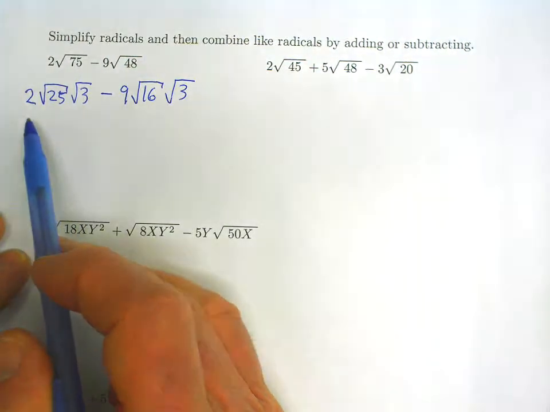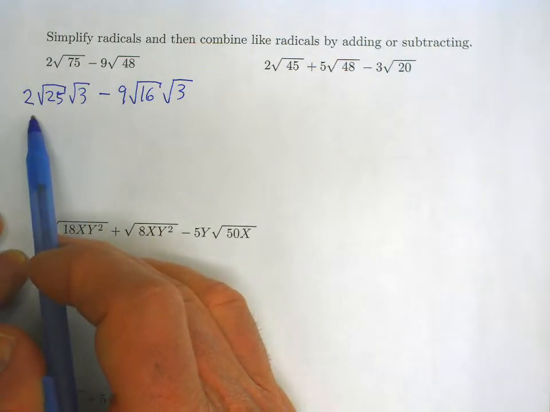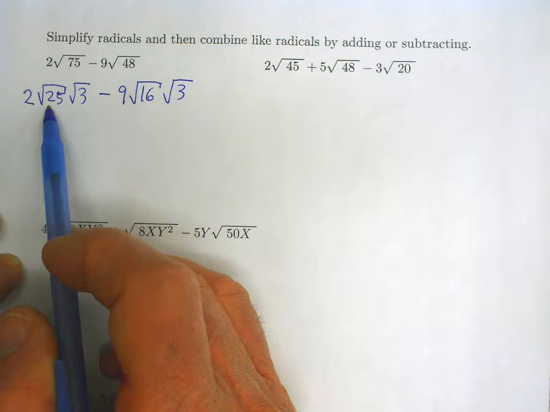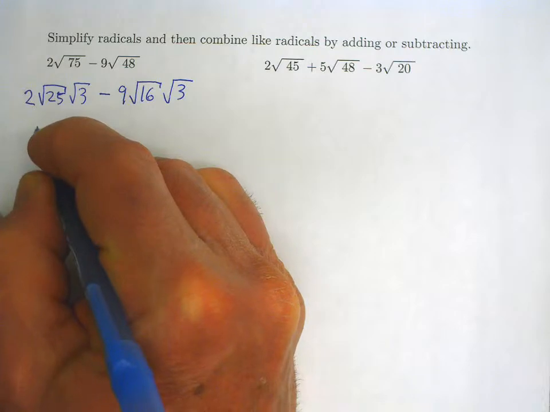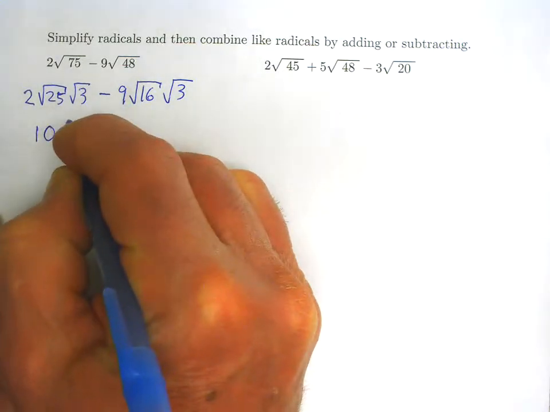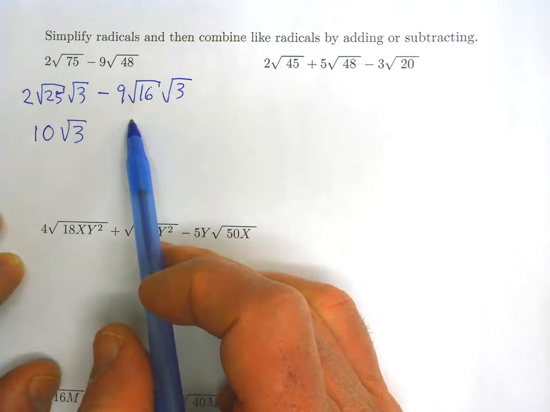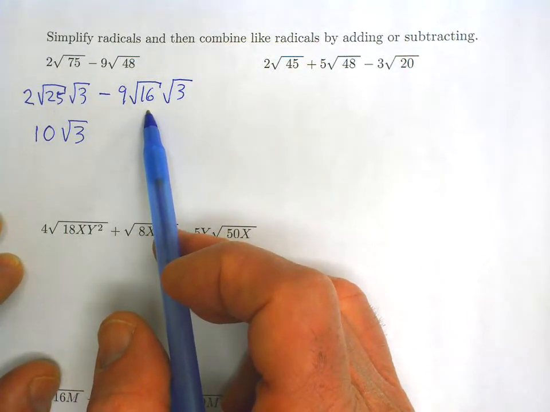And we'll start to use some shortcuts. By that I mean we won't write every single thing down. The square root of 25 is 5, and 2 times 5 is 10. So this term on the left simplifies to 10 times the square root of 3. And then minus 9 times the square root of 16. The square root of 16 is 4.